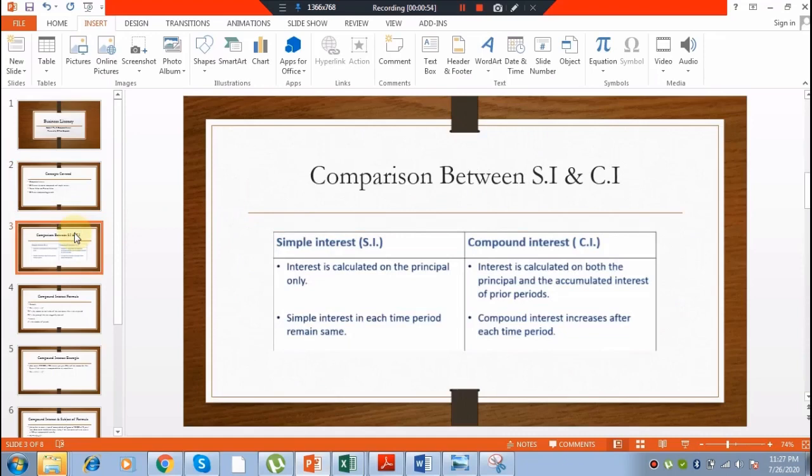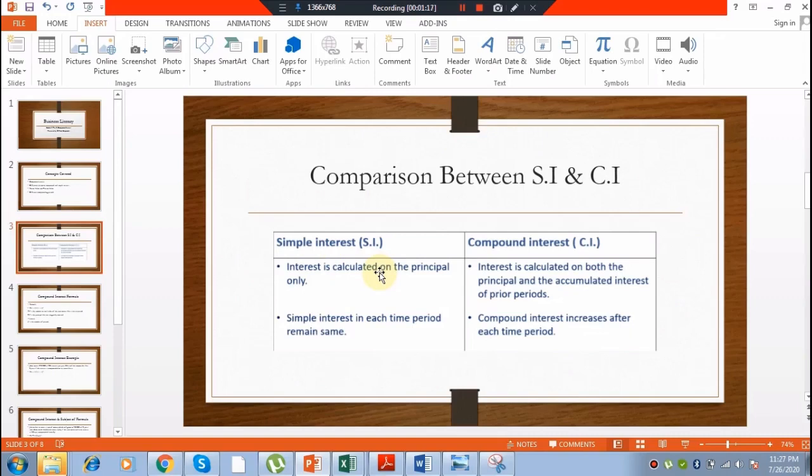Just to get started, we would like to find out exactly what is the difference between simple interest and compound interest. In our previous sessions we learned that simple interest is calculated on the principal only.